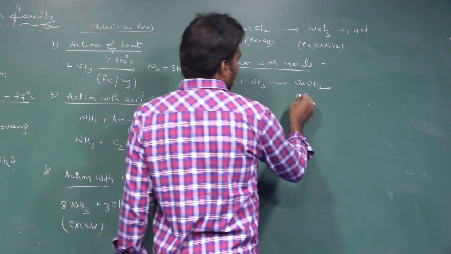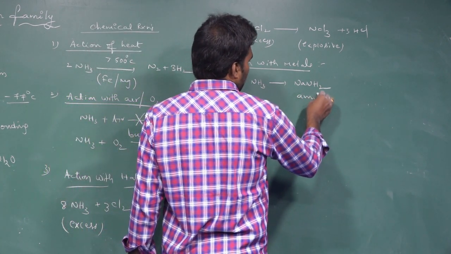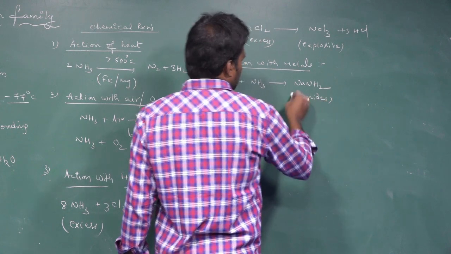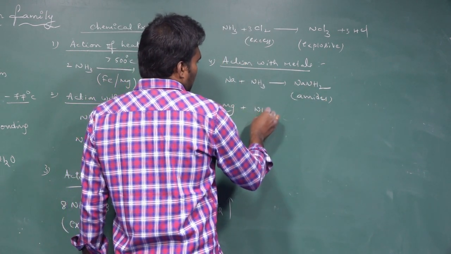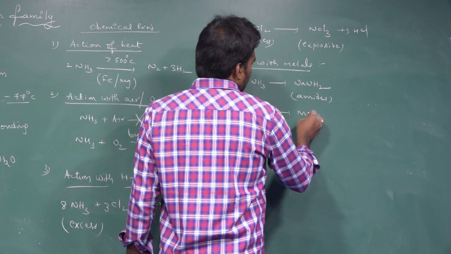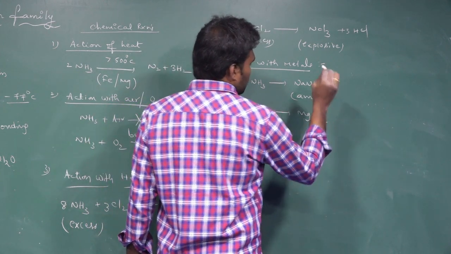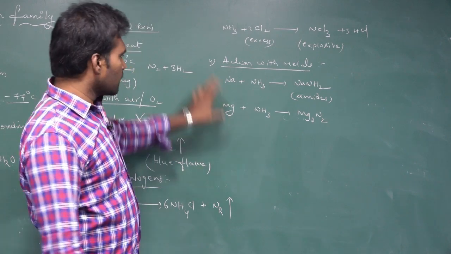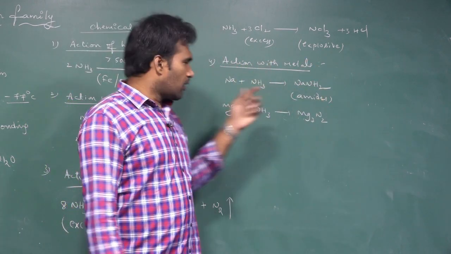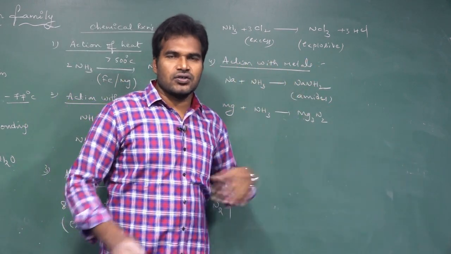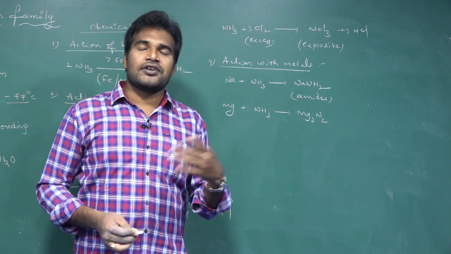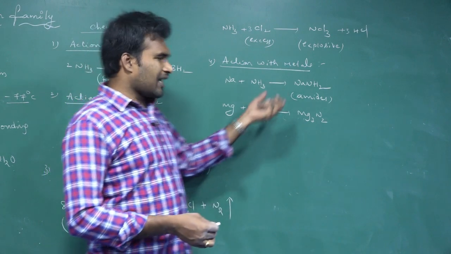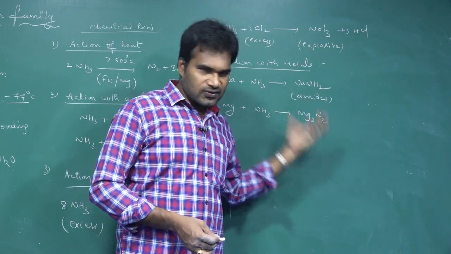Amides are formed. Whereas magnesium treated with ammonia gives magnesium nitride. So a few metals give amides and a few metals give nitrides. Anyhow, when ammonia is directly treated with highly electropositive metals, they give either amides or nitrides.